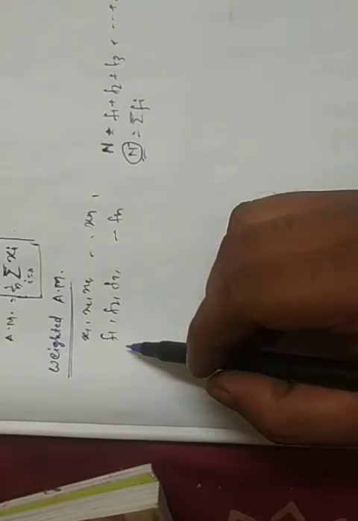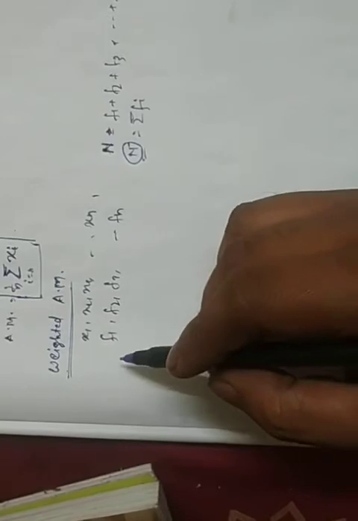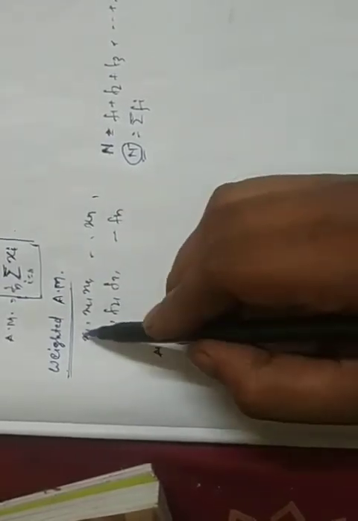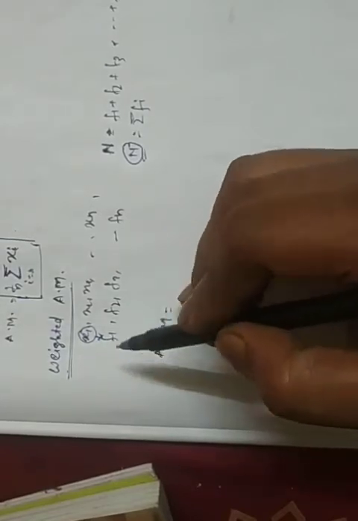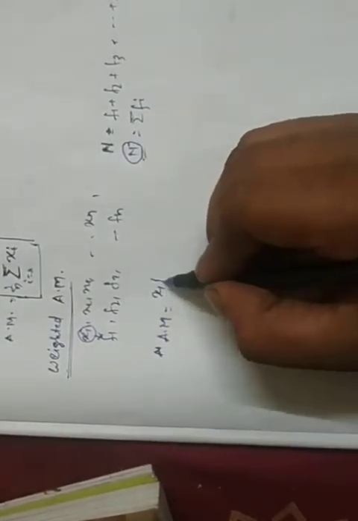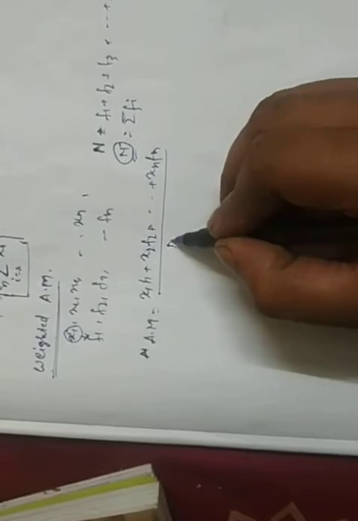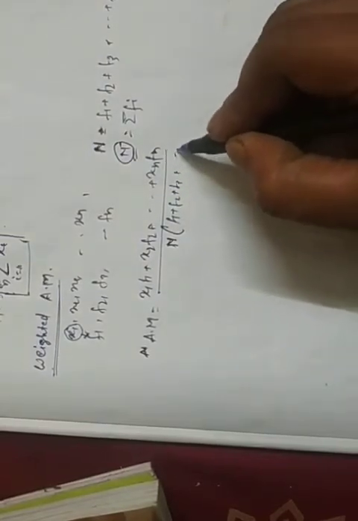Now, for the weighted arithmetic mean, or for a simple frequency distribution, the arithmetic mean AM equals: each of the values is multiplied by its frequency and summed up, so x1 f1 plus x2 f2 plus up to xn fn, divided by the total number of frequencies, n, that means f1 plus f2 plus f3 plus dot dot dot fn.